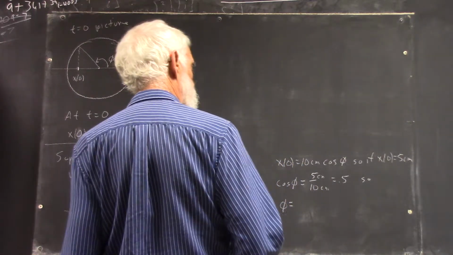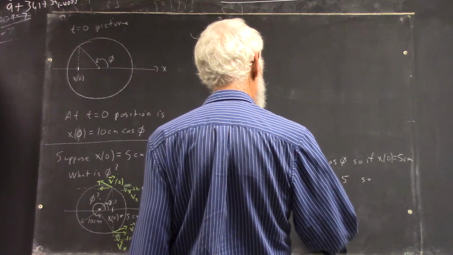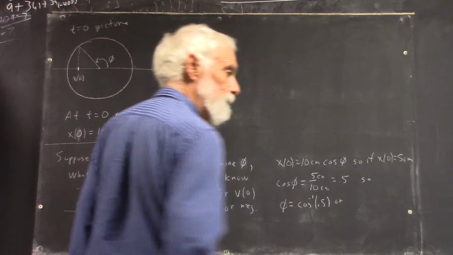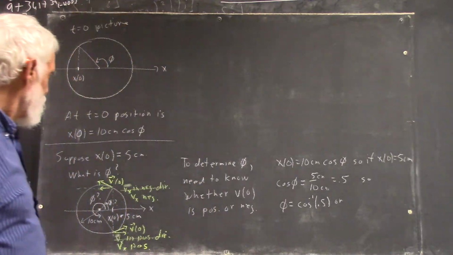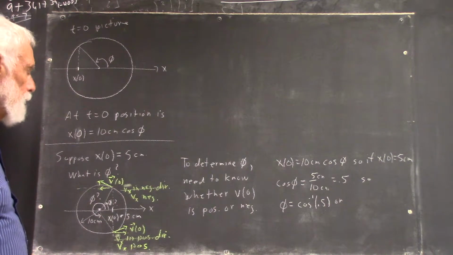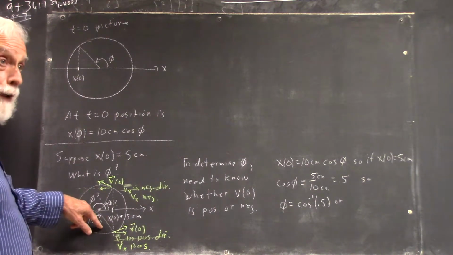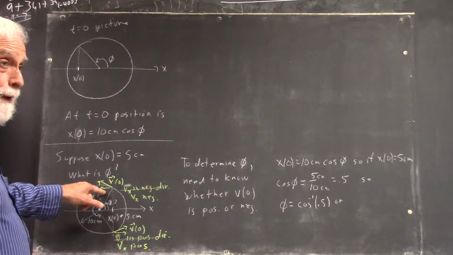So what does phi equal? It equals inverse cosine of 0.5, or what? Well, the inverse cosine of 0.5 is going to be this, right? But the cosine of this angle is also 0.5. So how does this angle correspond to this angle?